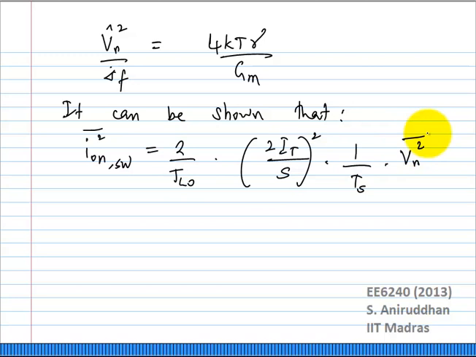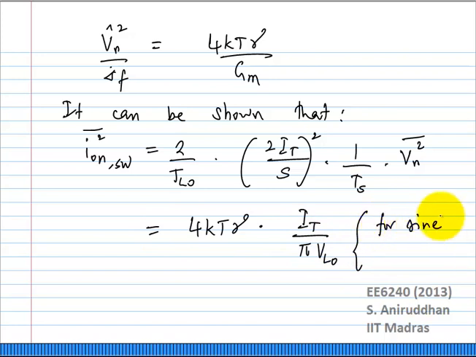So if you actually plug in all the quantities, you get this, for a sinusoidal LO signal. Okay. So the total output current noise is 4kT gamma times IT by pi VLO.